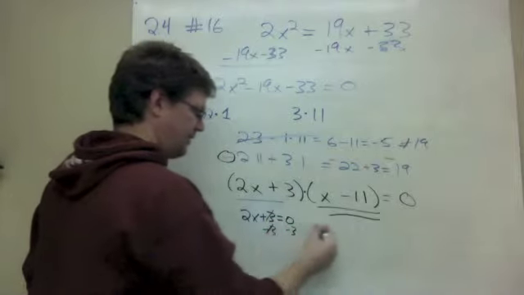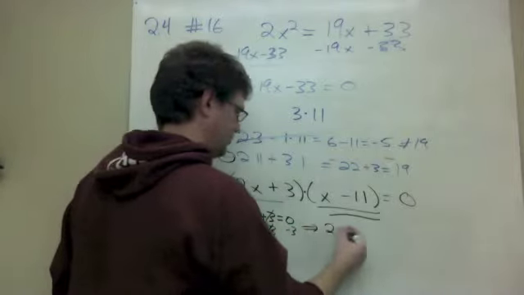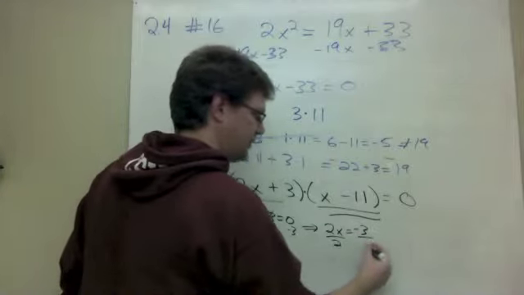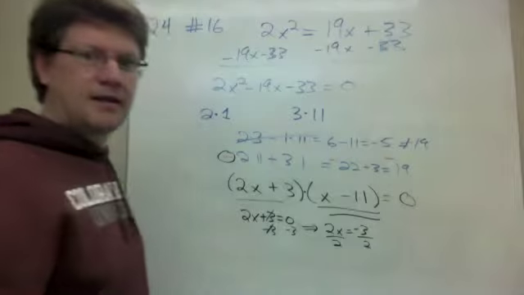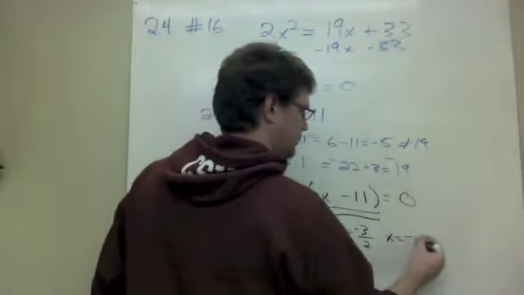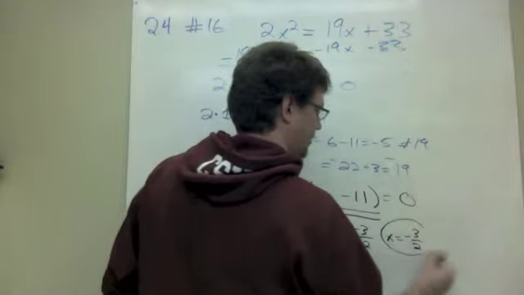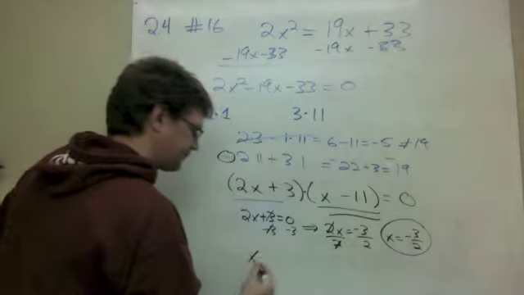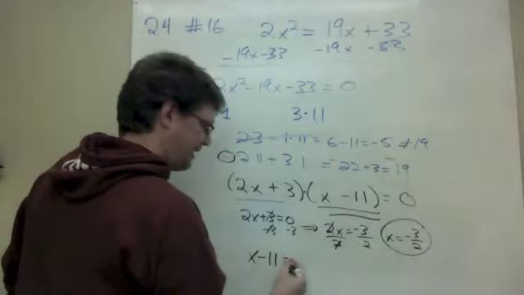It'll cancel over here. So we'll get 2x equals negative 3. And then we divide by the 2 to get that x is equal to negative 3 halves as one of my solutions.